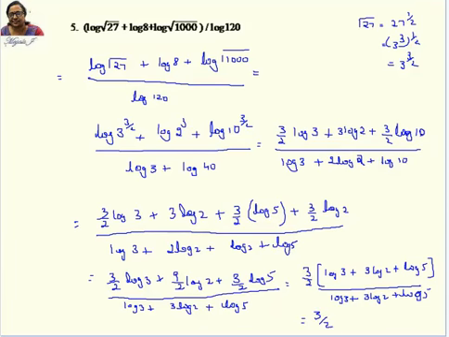3 by 2. Fine. But it can be done the other way also. You can directly, instead of breaking this, you can also combine this and try to get that answer. I'm not saying that you have to do only in this method. I think that may be much simpler also. You just combine all this, because here, you will have this as 3 to the power 1 by 3. Sorry, 3 to the power 3 by 2. And then you try to bring it together, like multiplication, and see whether it's getting cancelled.